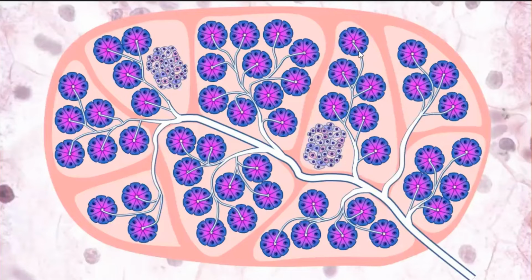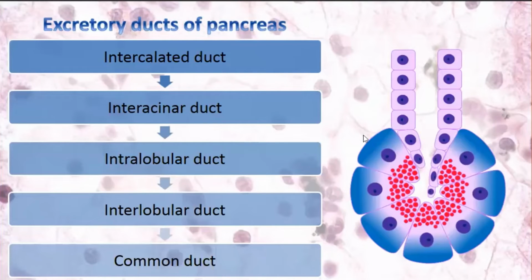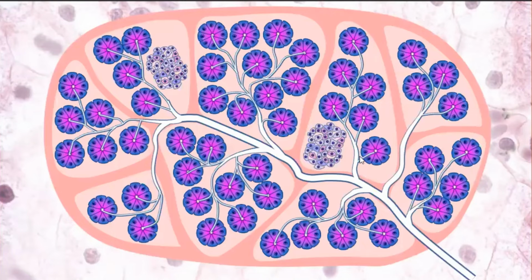And after the intercalated ducts, they are continued by intralobular ducts. There are interacinar ducts which are branched into intercalated ducts. So some intercalated ducts, they form interacinar duct which collects secretory components from some acini, and they form intralobular ducts which are located inside the lobules.